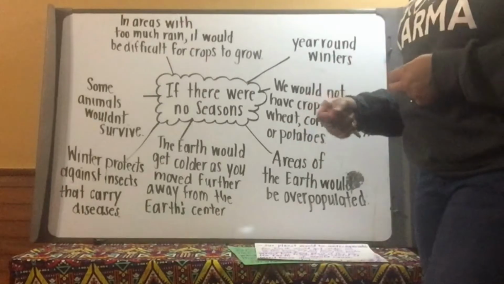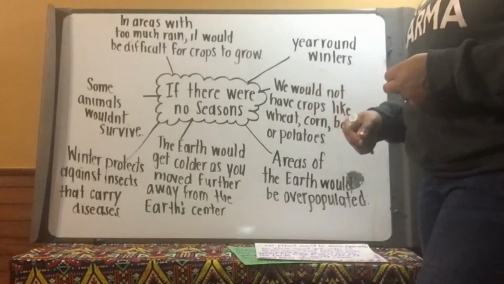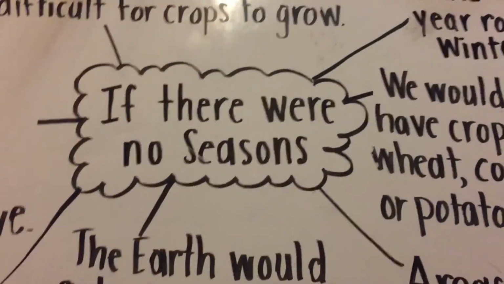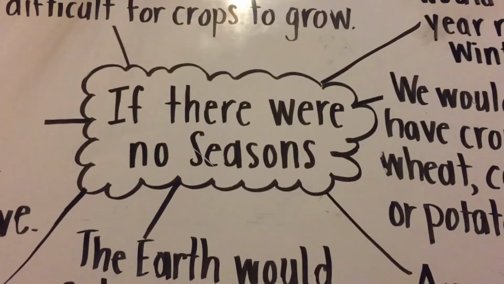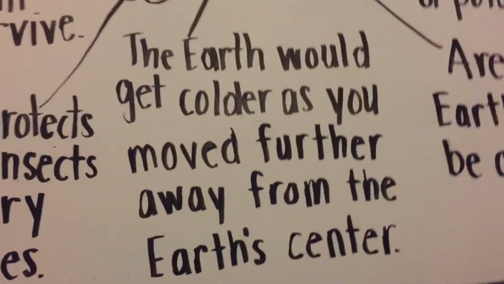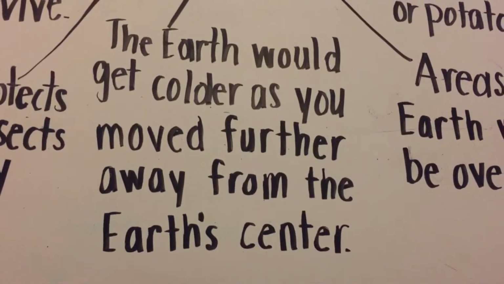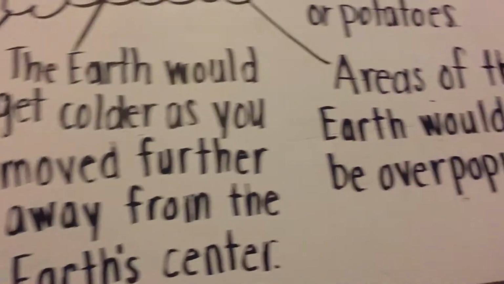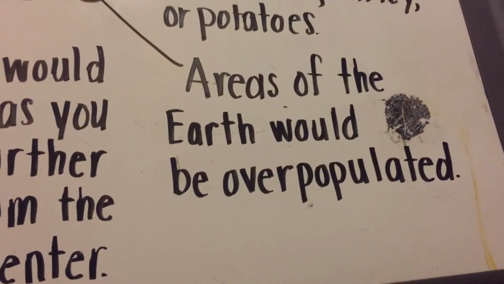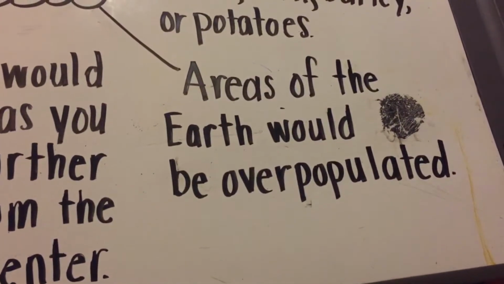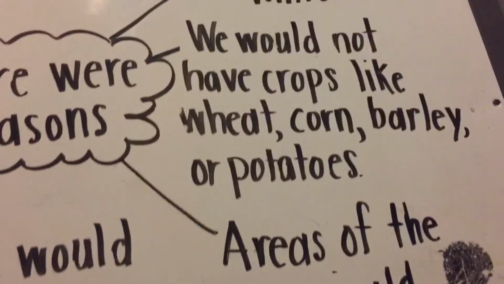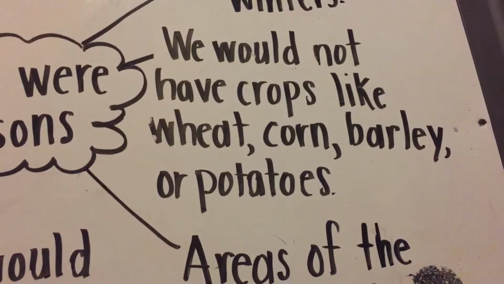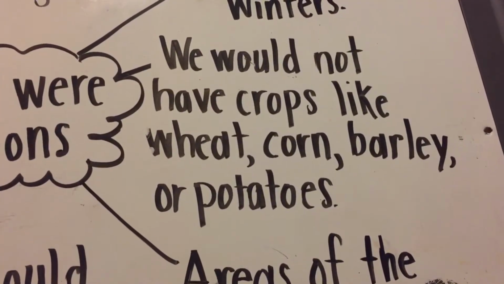I am excited to see your notes and see what you wrote down. But let's review the notes that I took, okay? Let's review our web chart. Let's read it together. If there were no seasons, the earth would get colder as you moved further away from the earth's center. Areas of the earth would be overpopulated. We would not have crops like wheat, corn, barley, or potatoes.